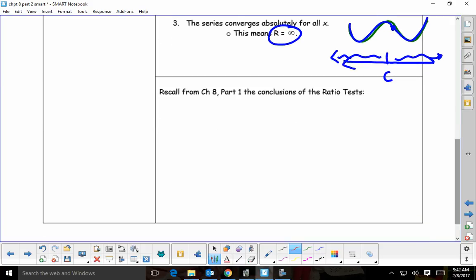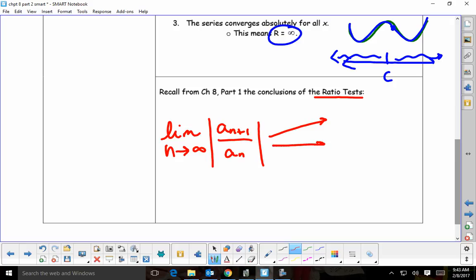So, how do we determine where it's going to match? We are going to use the ratio test. So let's review what the ratio test says. I take the limit as n goes to infinity of the absolute value of a sub n plus 1 over a sub n, and I can get out 3 things. I could get that it is greater than 1, which means that I diverge.